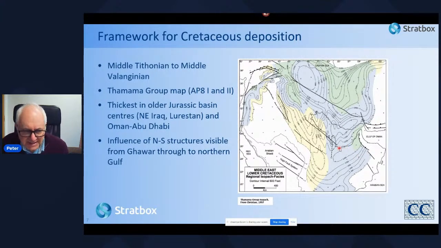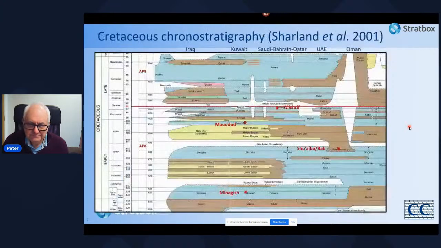And we also see evidence of inherited north-south basement structures. For example, we have the Gawar structure, we have the Qatar Arch, and we have the Burgan High going through Kuwait.